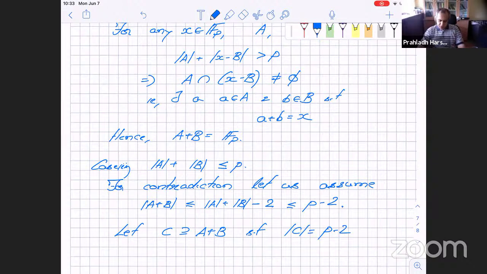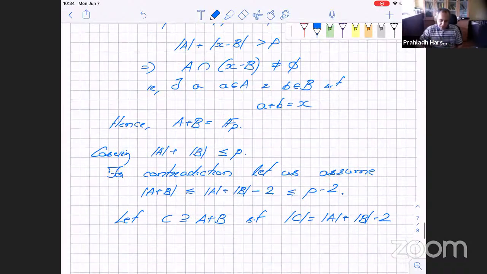I add more elements so that I get size of A plus size of B minus 2 elements. It could be much smaller, but I'll just add more elements so that it adds up to this. Now let's look at this polynomial.